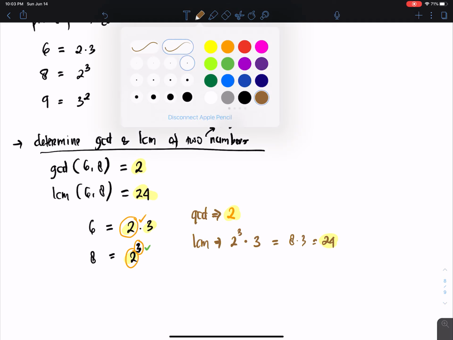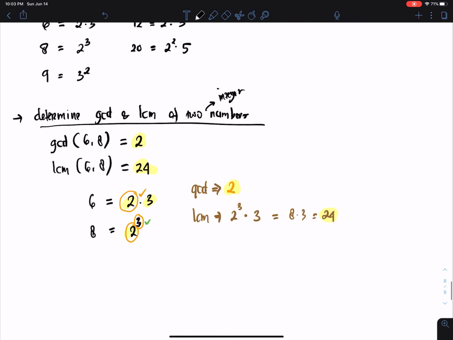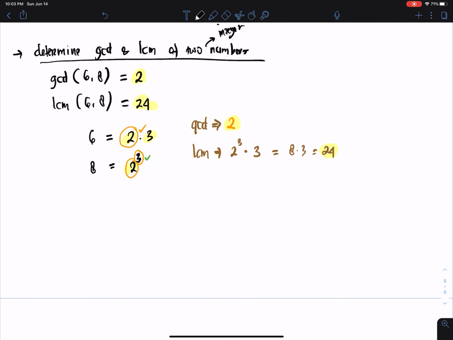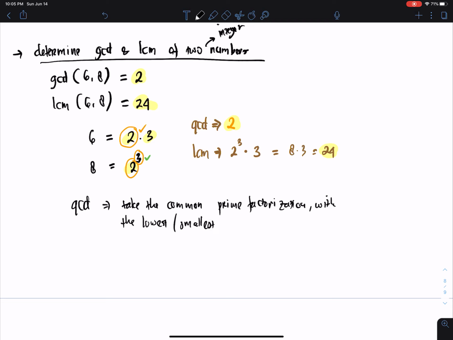Alright, I will write it down here. For the GCD, we take the common prime factorization with the lowest or smallest power.